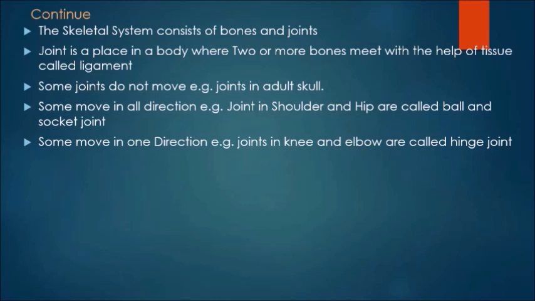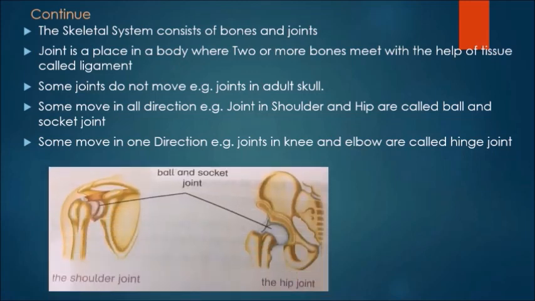In this diagram, we can see the ball and socket joint, which is present in the shoulder joint and hip joint. These are ball-shaped. That's why we are able to move our arms in a circular form.